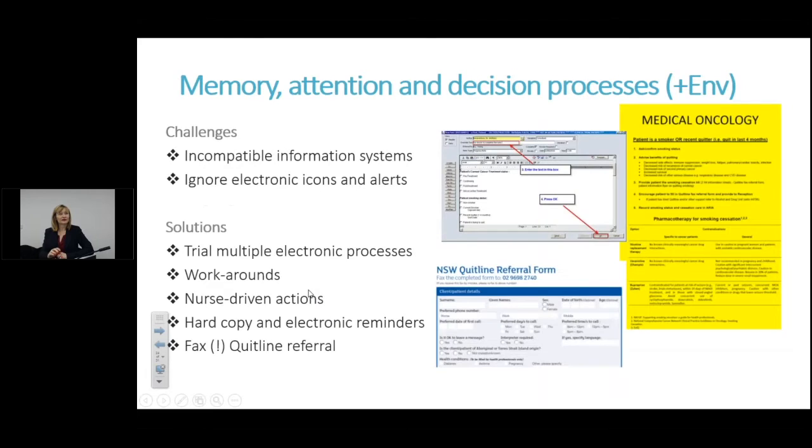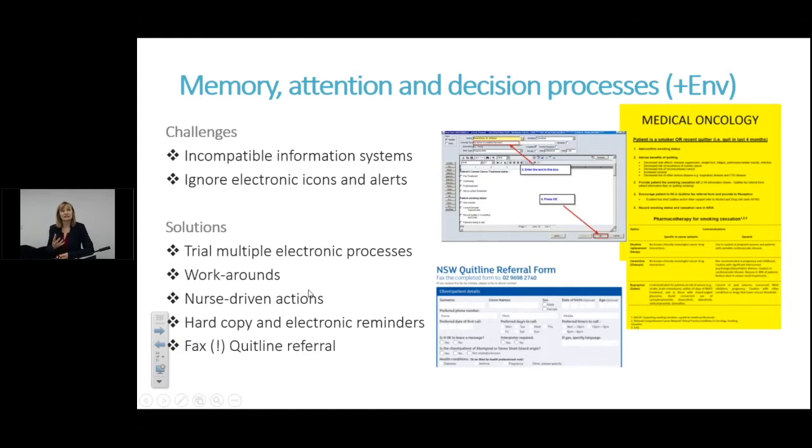All right, so as I mentioned earlier, having prompts and so forth are very important around this idea of memory and attention and decision making, and it's also kind of overlapping with that domain about the environment. We had at this single site some particular challenges around incompatible information systems and doctors telling us that they ignore various electronic icons and alerts because it's not important to them.